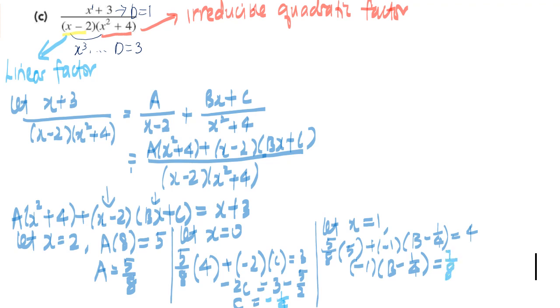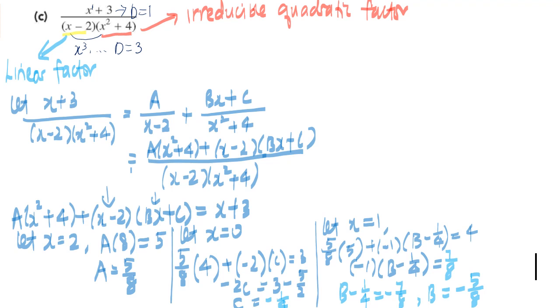And then you divide by 7 over 8 will be negative 1. So that will be negative 7 over 8. And then you can find the value of b, which is negative 7 over 8 plus 1/4. That will be negative 5 over 8. Alright, so we found all our values.